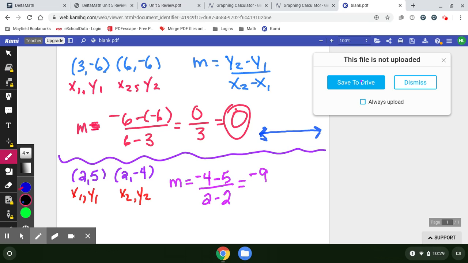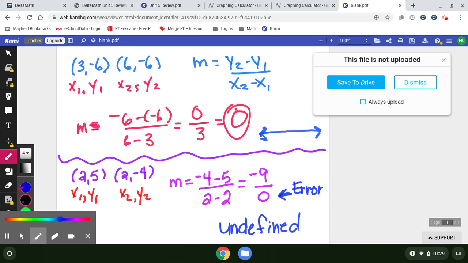I end up with negative 9 divided by 0. Well, you can't divide by 0. That is probably going to give you an error on your calculator. So since you can't divide by 0, your slope would be undefined. The only line that's undefined is one that's vertical. I'm not going uphill or downhill steadily. An undefined line looks like a big cliff.